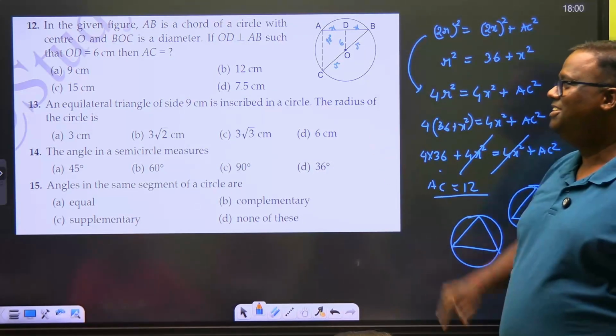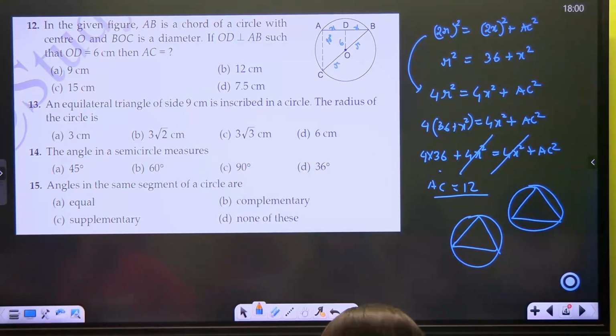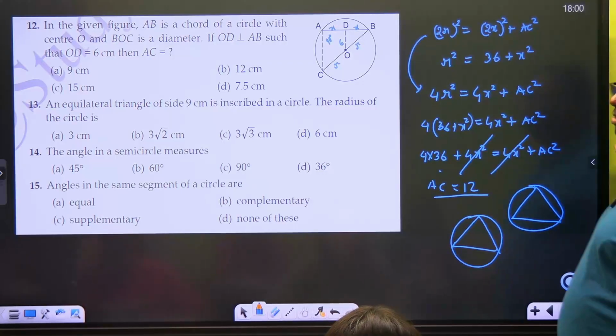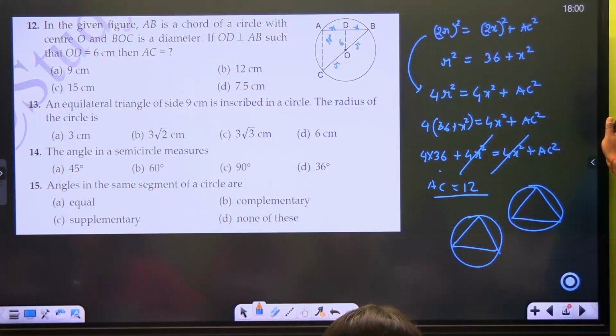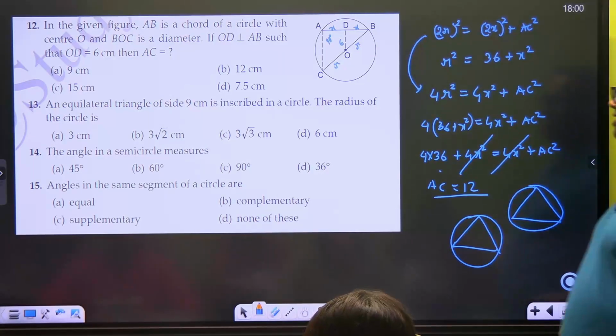Okay, chalo. So the equilateral triangle of 9 cm is inscribed. Radius of the circle is how much? Could you solve this? Okay. Angle in a semicircle. Angles in the same segment of a circle are supplementary. Supplementary, see. Equal, equal.